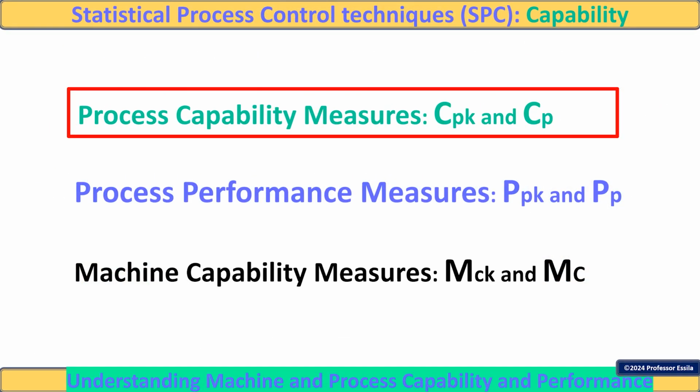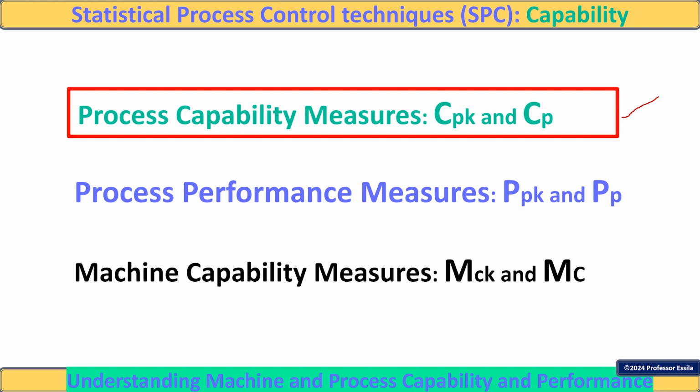So, understanding capability. Several methodologies are available out there to calculate or evaluate capabilities. The first one is process capability index and ratio.